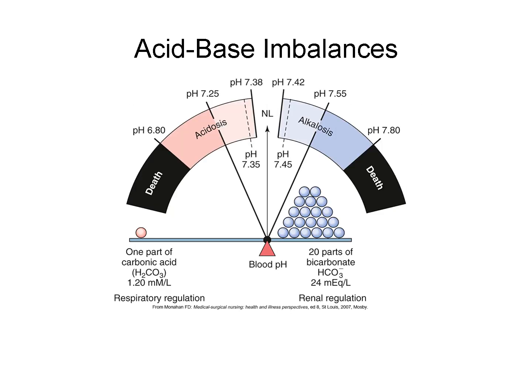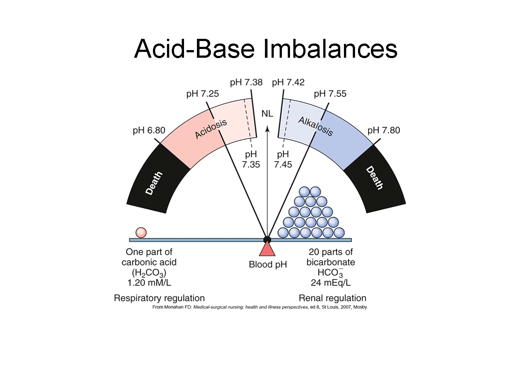This diagram shows how small changes in blood pH can lead to significant consequences. Normal blood pH ranges tightly between 7.35 and 7.45. A pH below 7.35 indicates acidosis, and if it drops further towards 6.8, it becomes life-threatening.